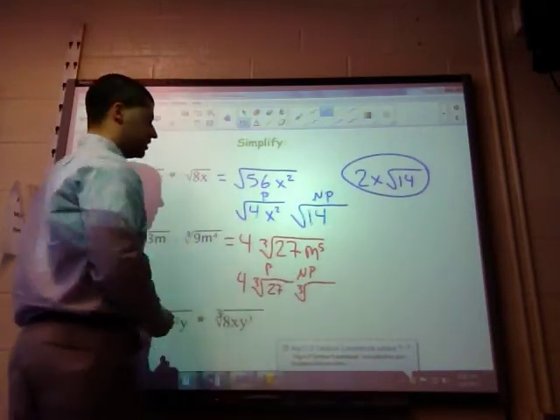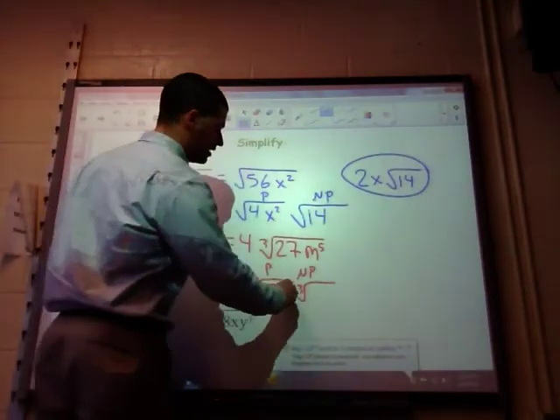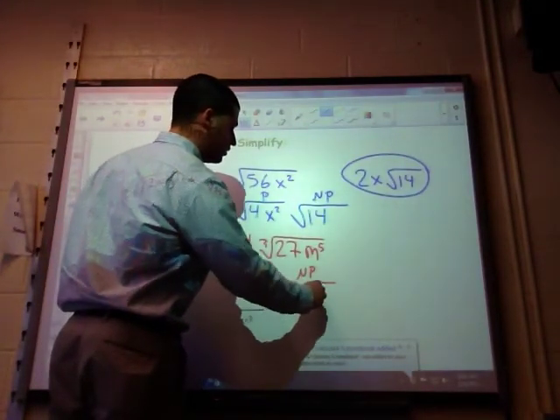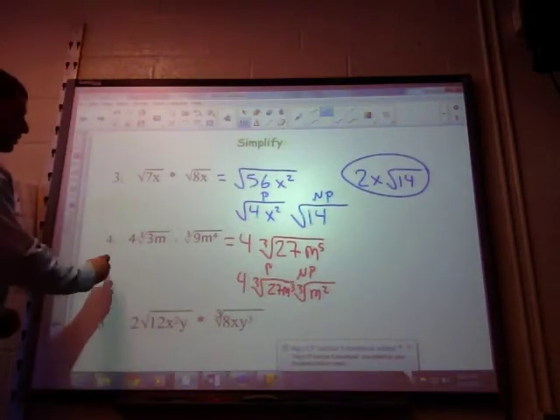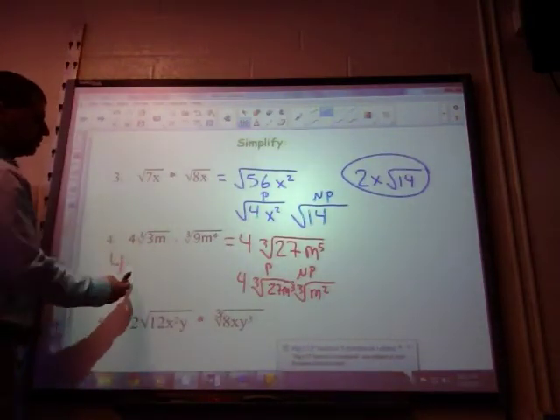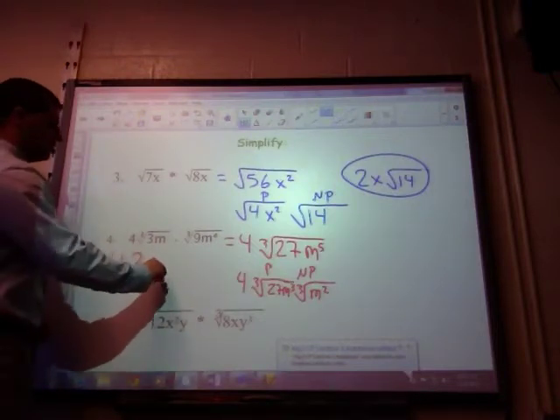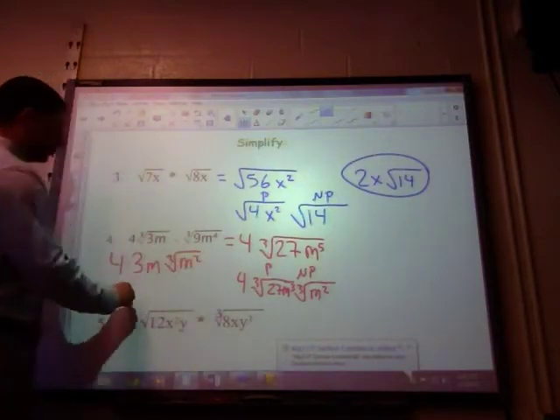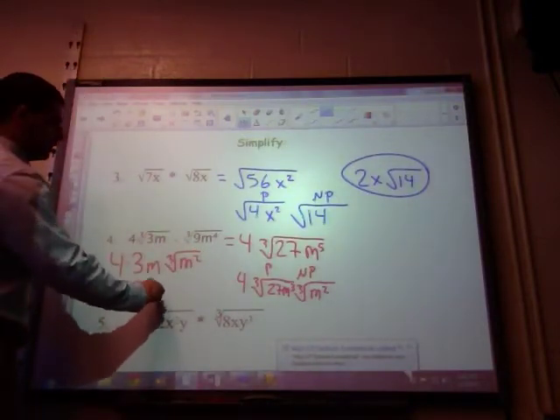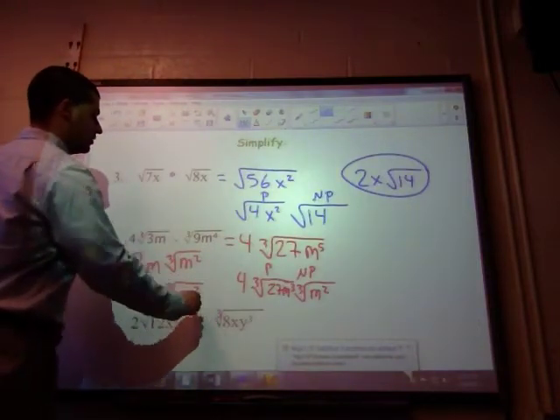We'll leave the 4 on the outside. m to the 5th, we need it to be divisible by 3. So the biggest number that goes into that is m to the 3rd. And an m squared is not perfect. So let's simplify that. You have 4 times the cube root of 27 is 3. Cube root of m to the 3rd is just m. And then you're left with the cube root of m squared. 12m cube root m squared.